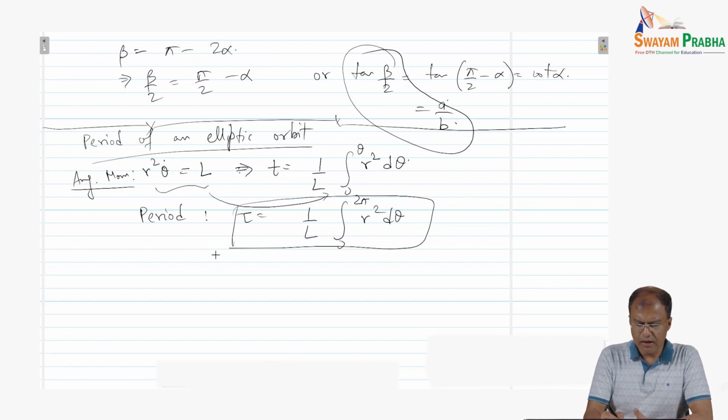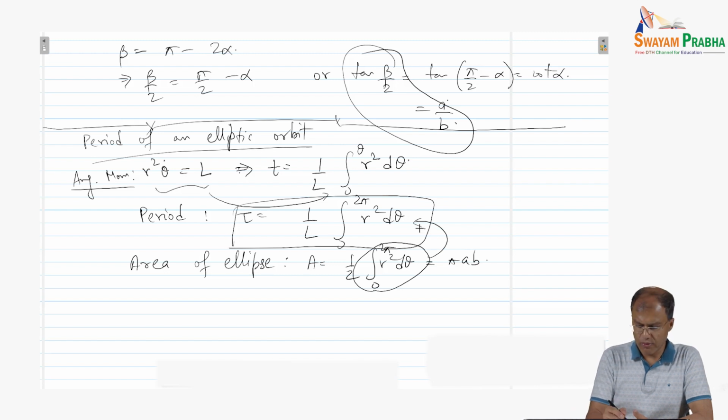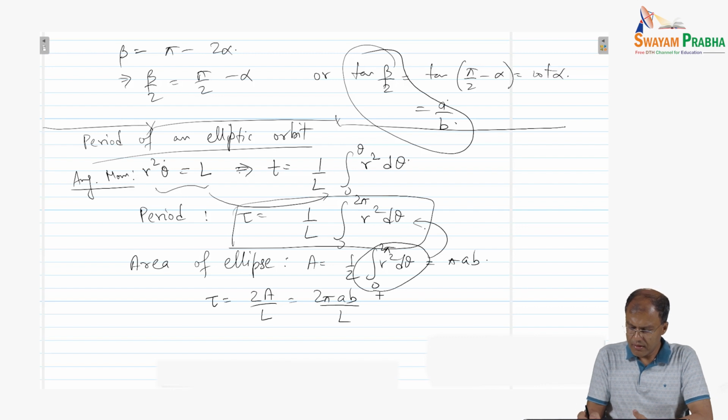Now I need to evaluate this integral. Notice that the area of the ellipse, which is given by half integral r square d theta from 0 to 2 pi, is nothing but pi ab, and from here I can use this integral information in the period equation to find that my period is 2 pi ab by L, and this is going to be 2 pi square root of a cube by gamma.